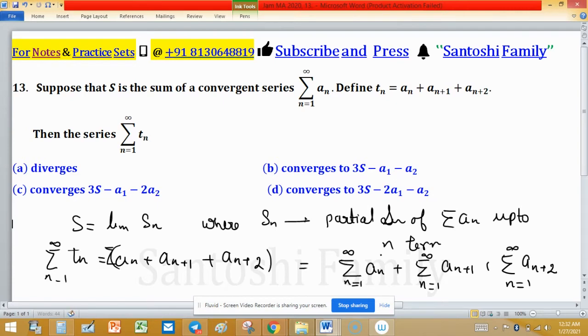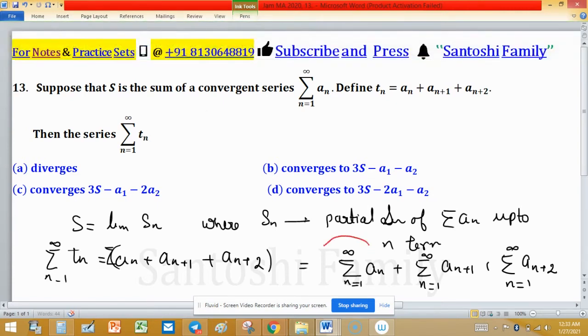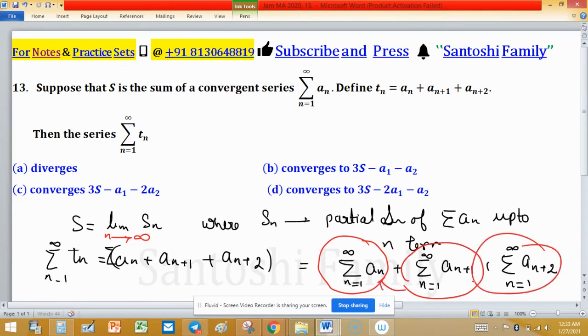Because we have the information about summation an, we have to write these two terms in this format. The last two terms are made into the first term.